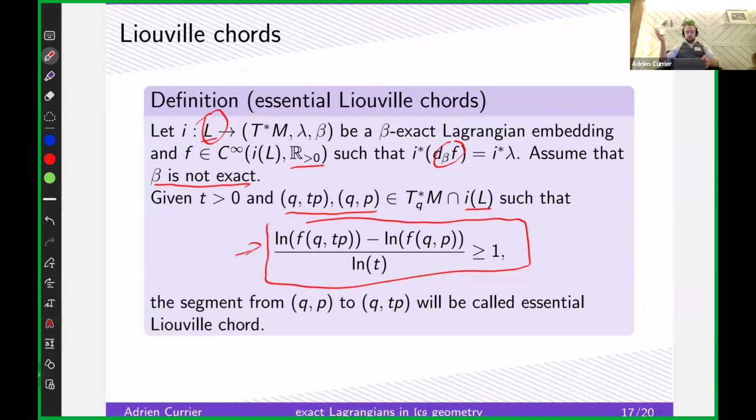And the one appears as a condition for the existence of this dual form that you construct. Okay.